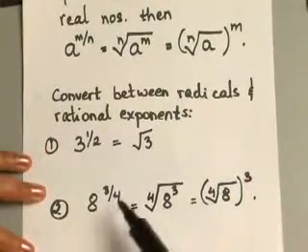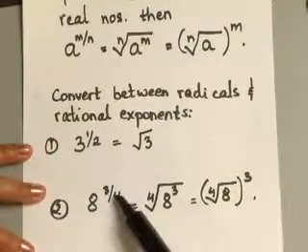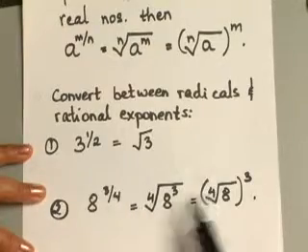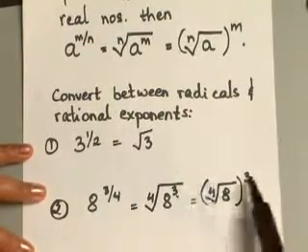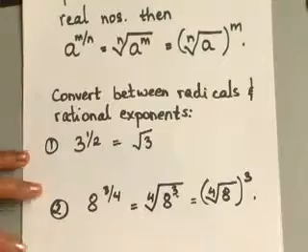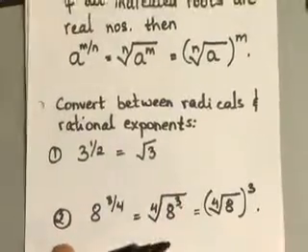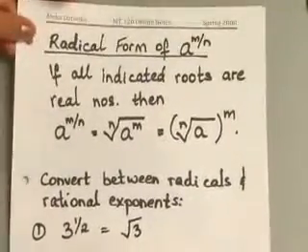Okay? As long as you remember that the denominator becomes the index and the numerator becomes the exponent. Okay, we'll look at a couple more examples just to convert between radicals and rational exponents here.